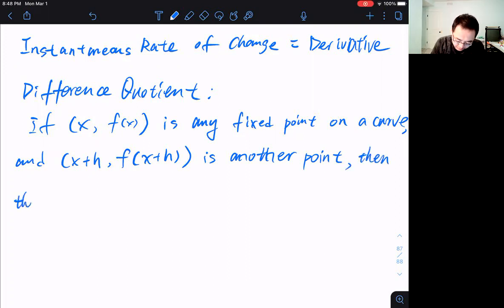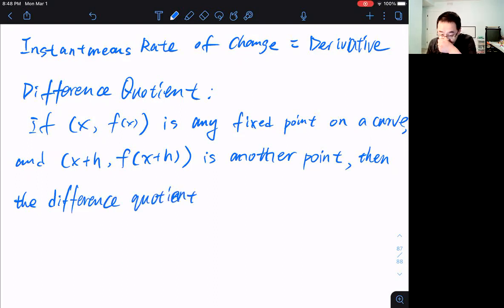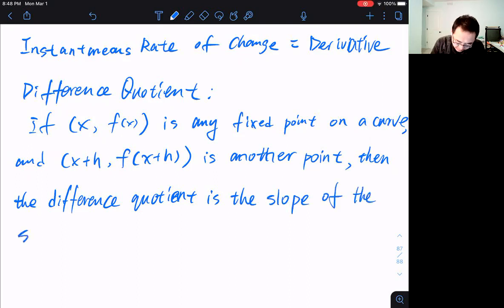So then the difference quotient is the slope of the secant line through these two points.